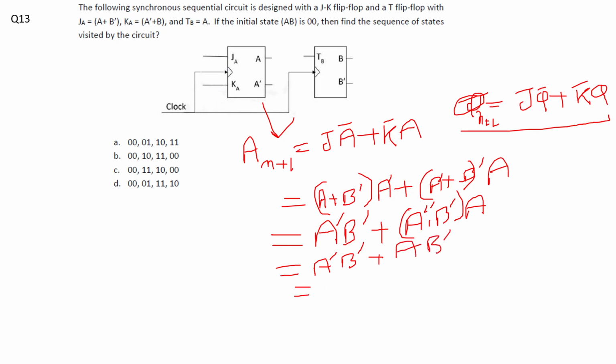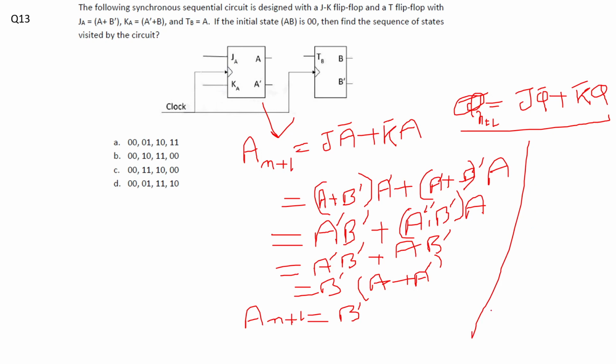Taking B complement out, it will be A plus A complement. We know that A plus A complement is equal to 1, so A n plus 1 will be equal to B complement.